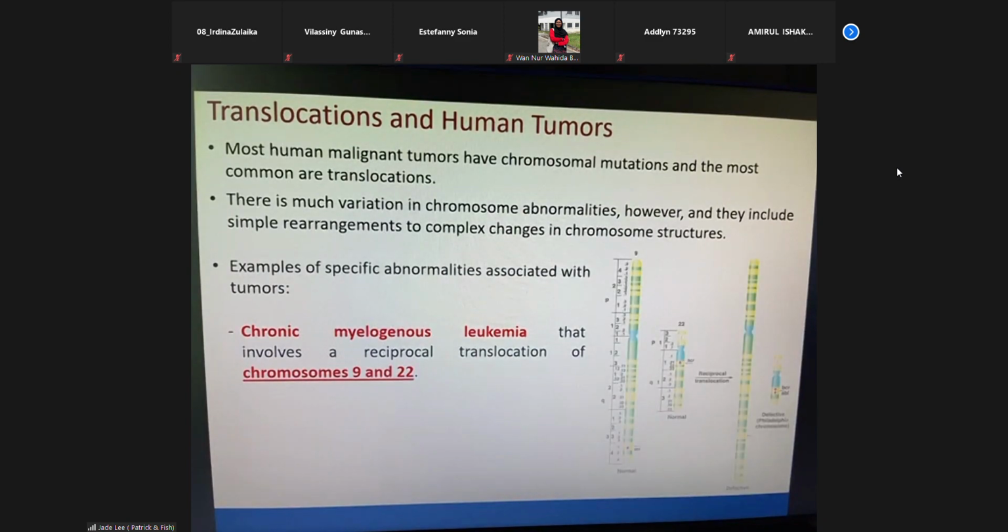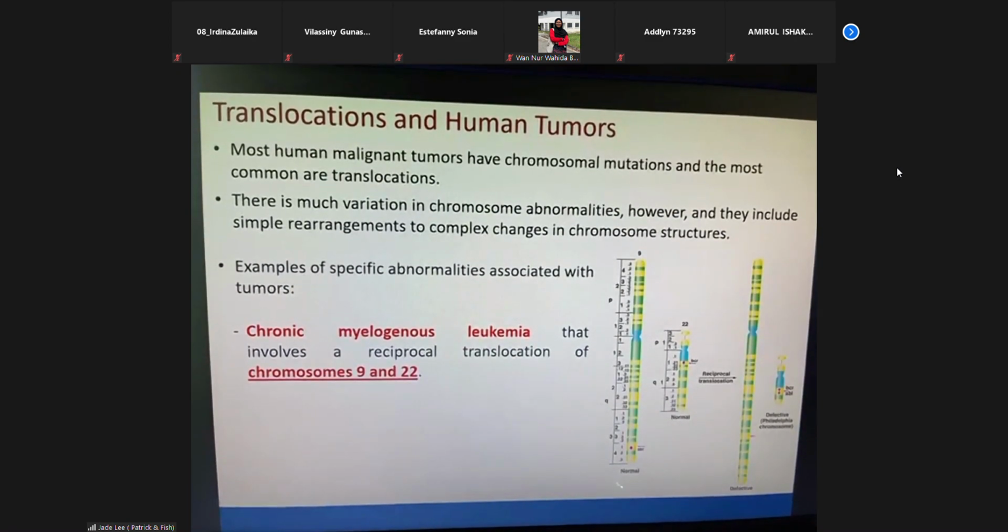Okay, kalau kita tengok di sini, dia tertukar daripada 9. Okay, this one dia tertukar di sini daripada sini ke sini. Dia memberikan defect, ended up lah, ataupun hasilnya ialah chronic myelogenous leukemia.